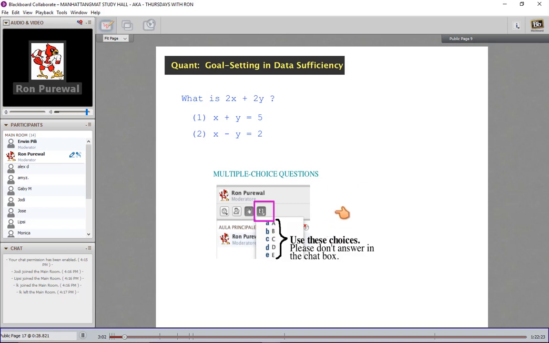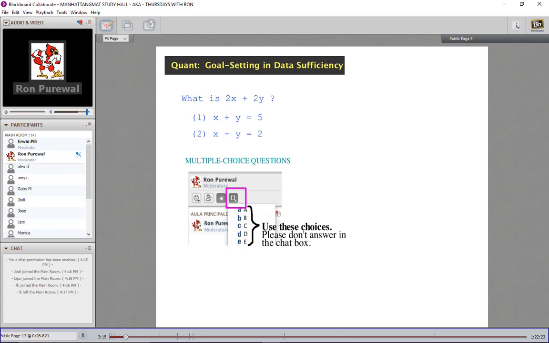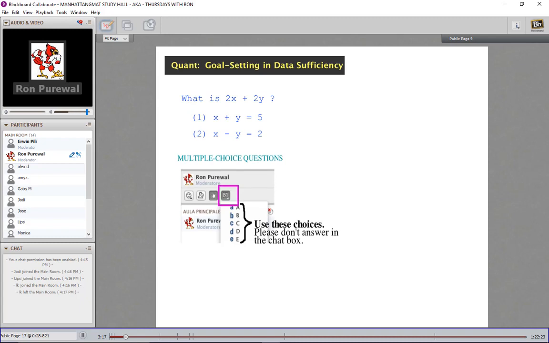There's no data sufficiency answers, right? If you don't have A through E picked here, let's pick something. If you don't know what the data sufficiency answer choices are, please tell me right now, so I can go fetch those and throw them on the board. If not, you should all have the A through E. Okay, so this is A.